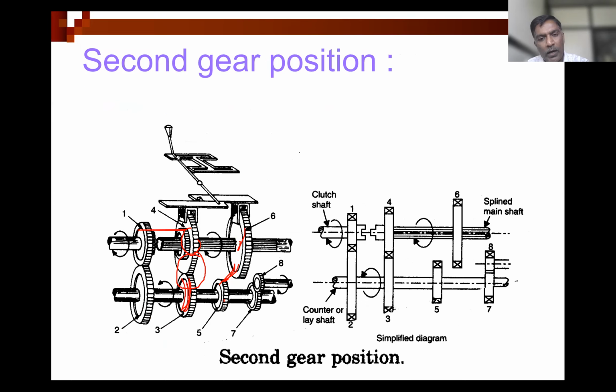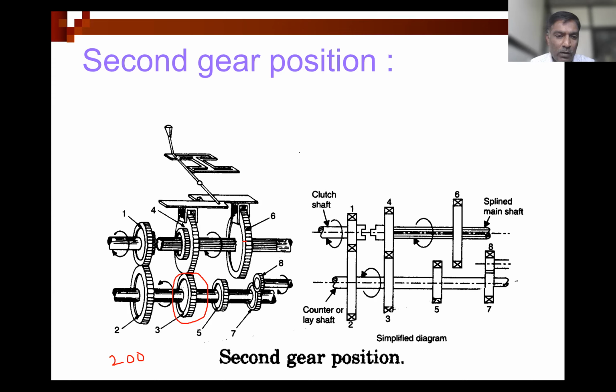Now again, this is the second gear. Here 200 RPM, as it is. This is rotating with 200 RPM, and instead of this gear we have meshed this.